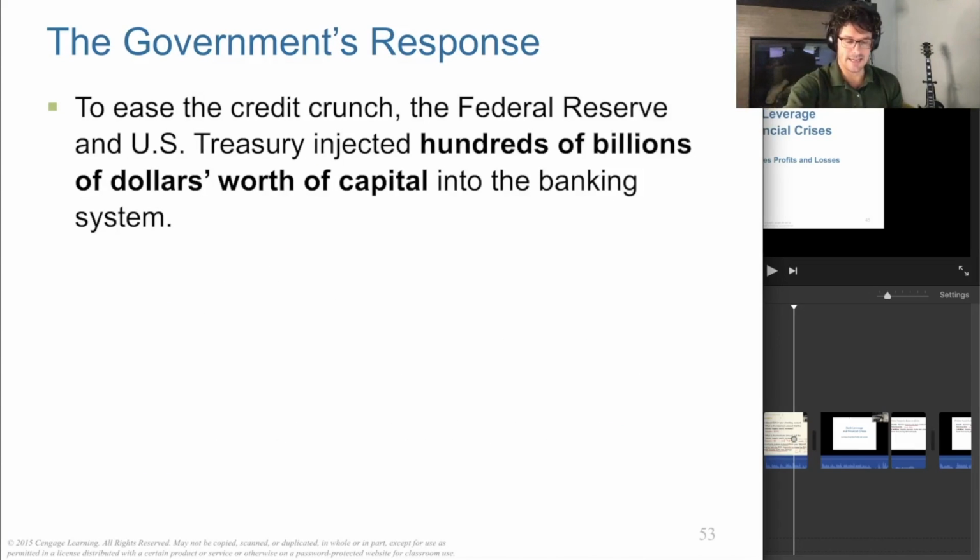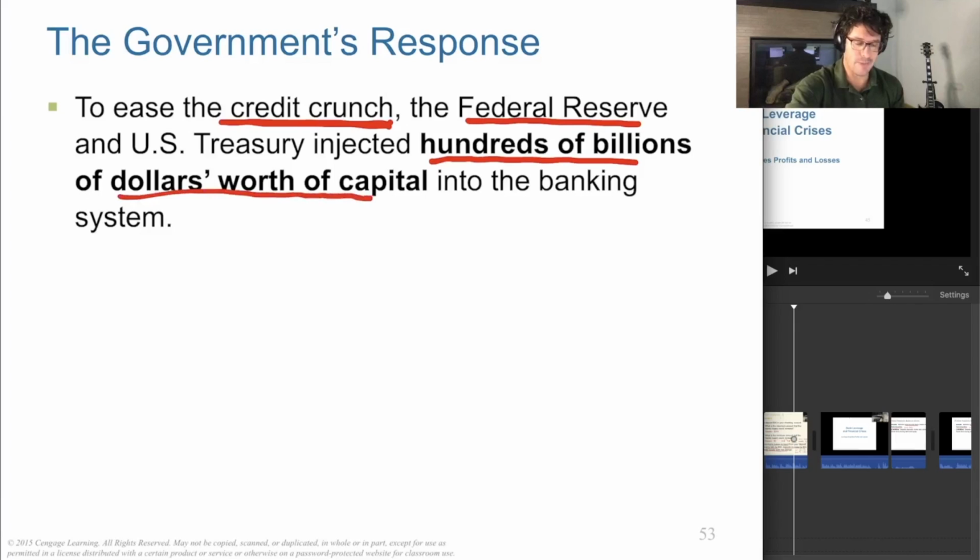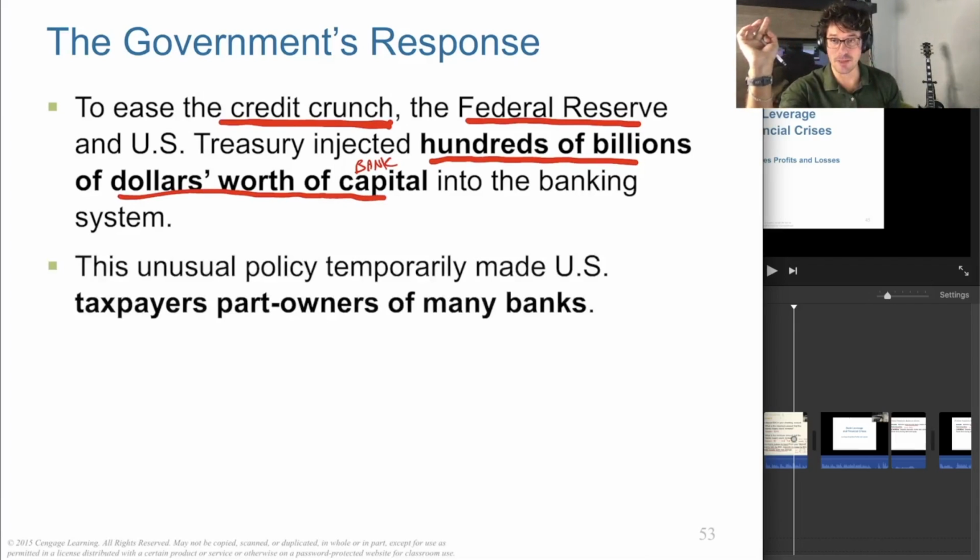So to ease the credit crunch, what did the Federal Reserve do? Well, it started injecting hundreds of billions of dollars worth of bank capital. The idea is that for a short period of time, the government started pumping money into the equity side of banks in the economy.